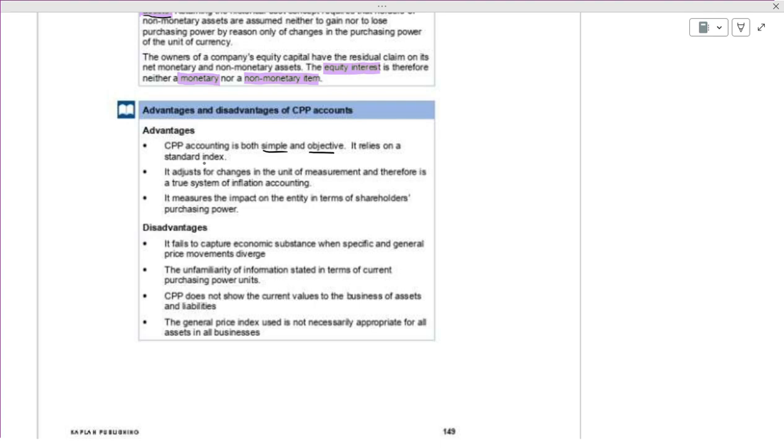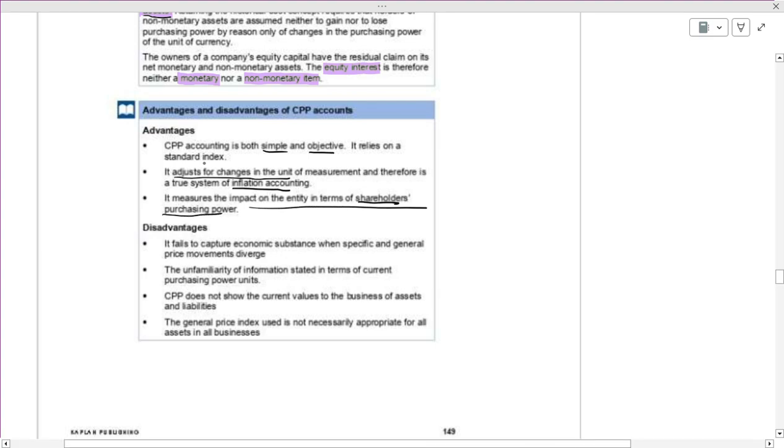What is current purchasing power? It adjusts for changes in the prices. Therefore, it is a true system of inflation accounting. Prices are changing, inflation is changing. It measures the impact on the shareholders' purchasing power. What happens if inflation increases? You will buy more or you will buy less?